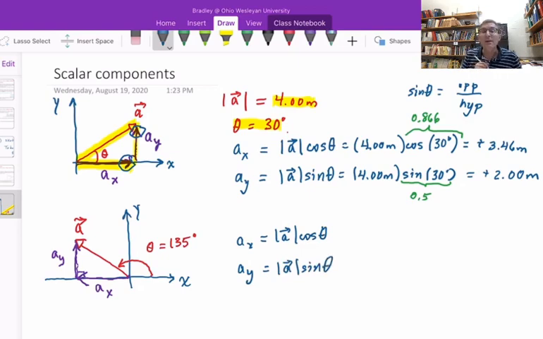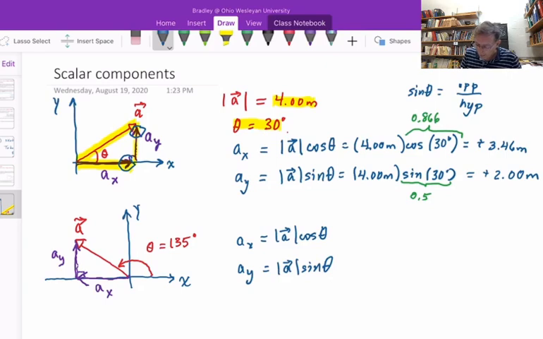You can always do that to find AX and AY. Magnitude A cosine theta, magnitude A sine theta for AX and AY, respectively. But beware, I warn you, that if you use that approach, the theta has to be measured from plus x, like I'm doing in this picture you see right now. Okay? It must be measured from plus x.